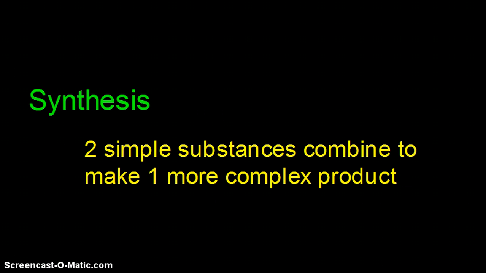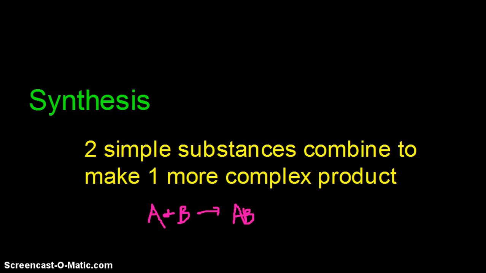And we'll take notes on this later in the week, but the way I like to write this is we have substance A plus substance B. So two simple substances, just letters by themselves, and they yield or combine to form substance AB, now bonded together. So in the beginning they were individual simple substances. They combined to make one complex product.